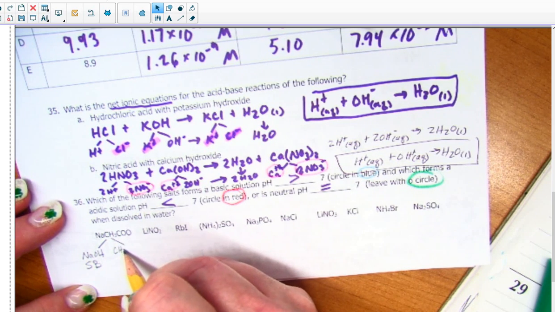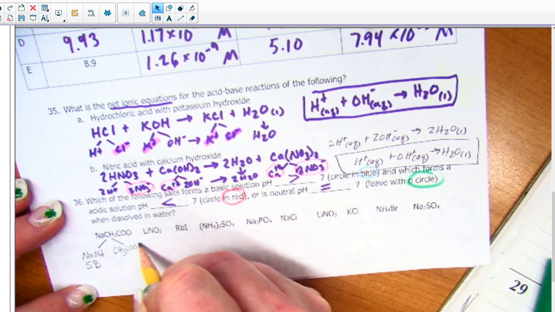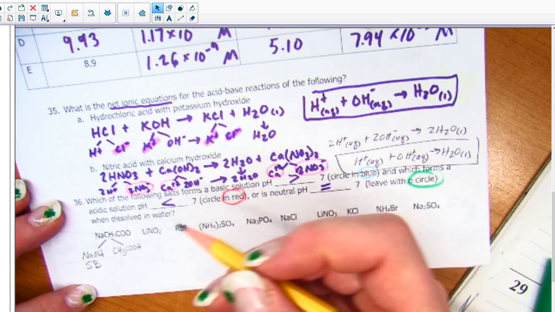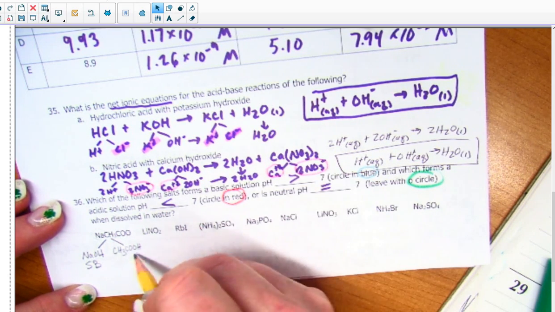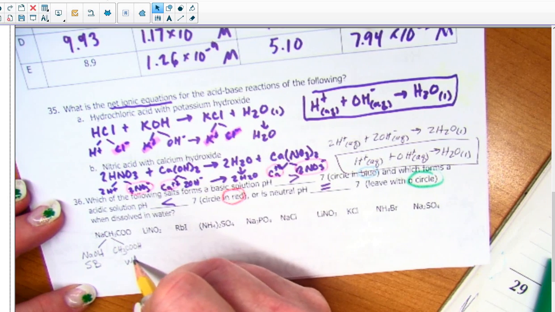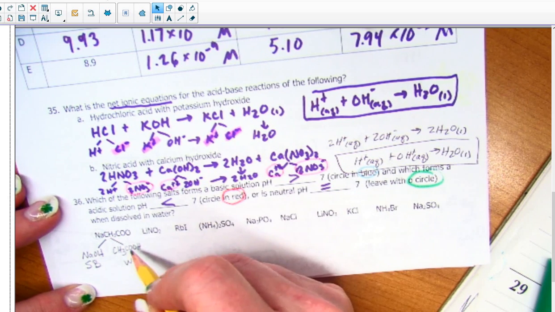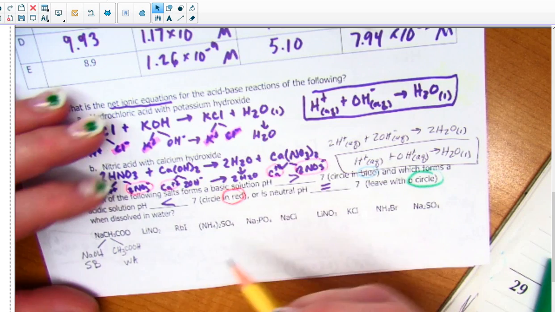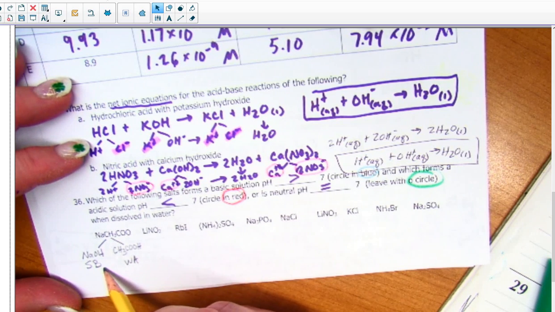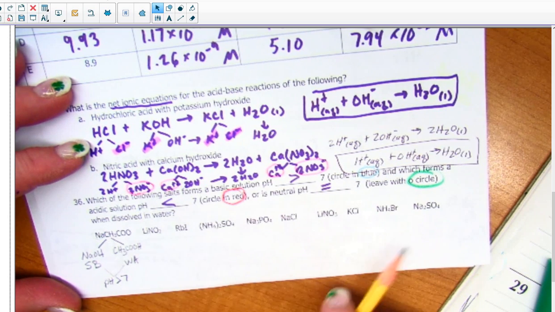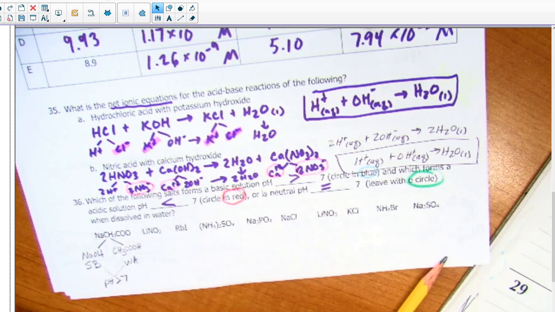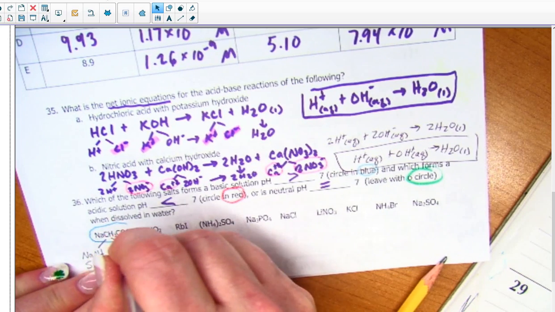This one's an organic, so the H goes at the end, which is weird, I know, but it does. But that's not one of our strong acids, so we say weak acid. Even if we put it at the front, we know it's not one of our 6 that we talked about earlier. So overall, this one is going to have a pH greater than 7. So that one we're going to circle in blue for base.